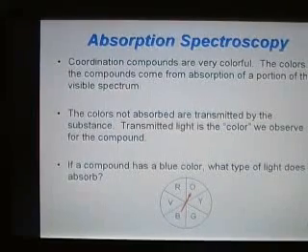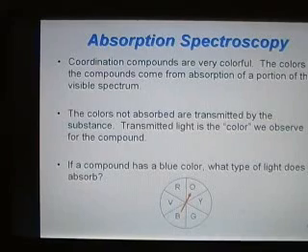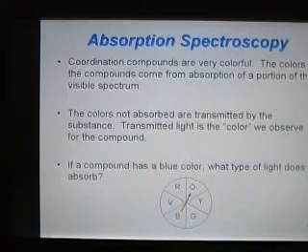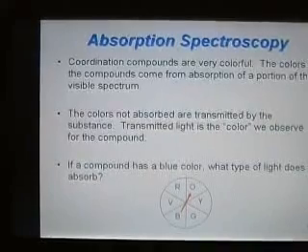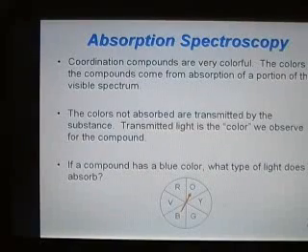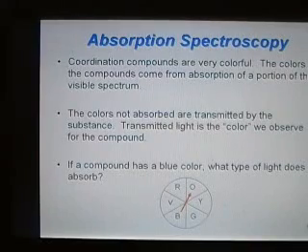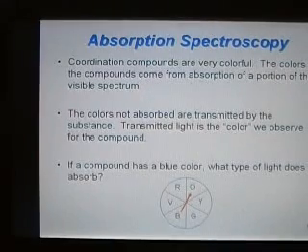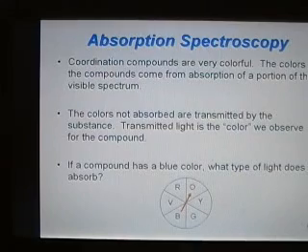It's important to know that coordination compounds are very colorful, though, and that the colors of the compounds come from absorption of a part of the visible spectrum. The colors that aren't absorbed by the compound are transmitted by the substance. So the colors that we see in these different compounds are transmitted light.